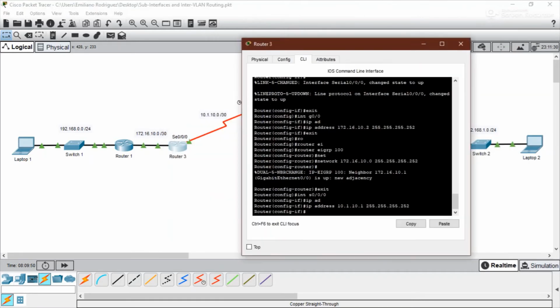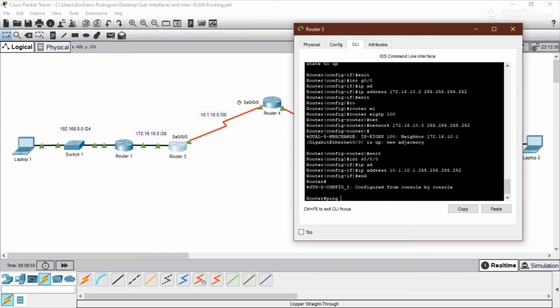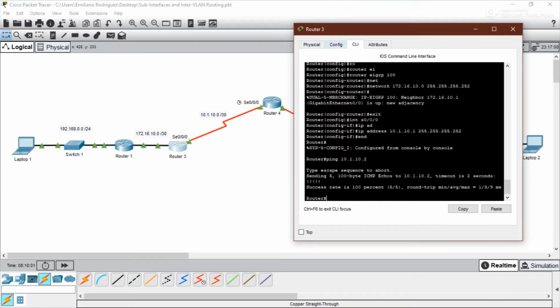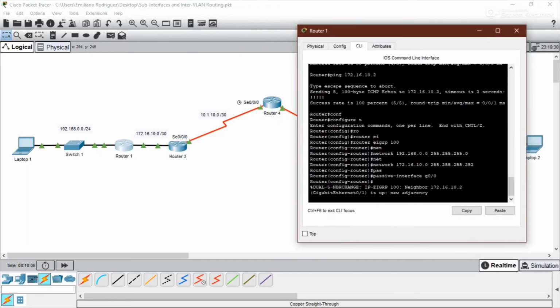Router 3 should be able to ping router 4. Router 1, however, will not be able to ping router 4.